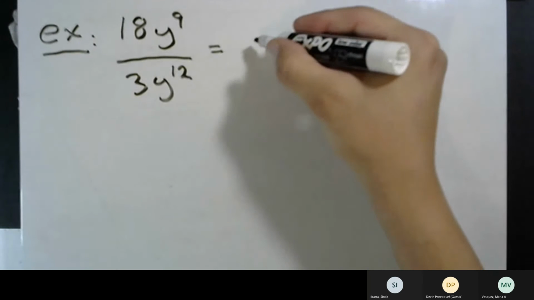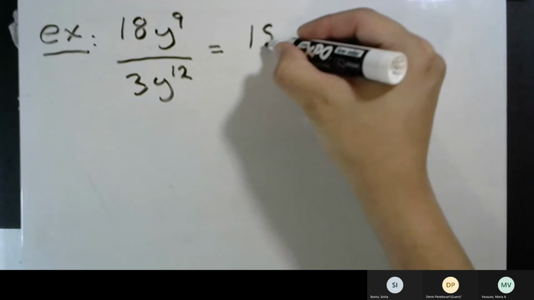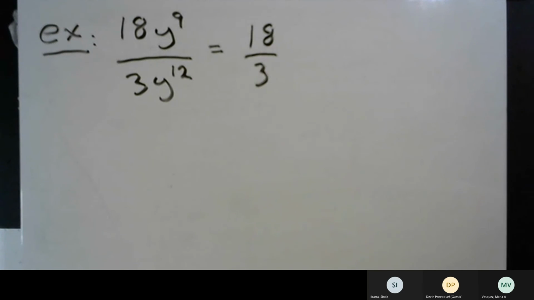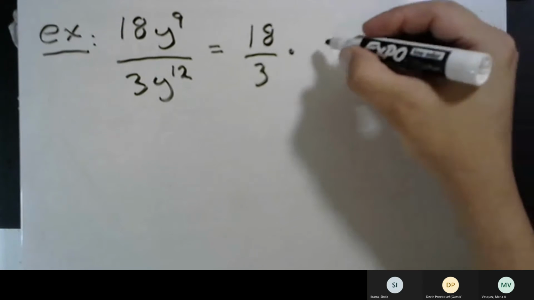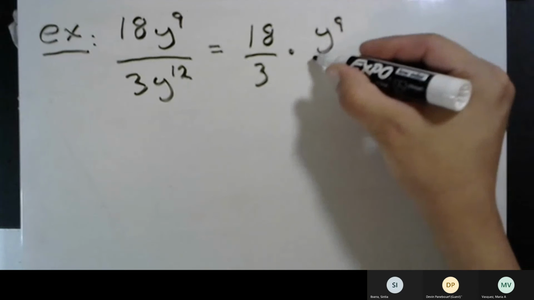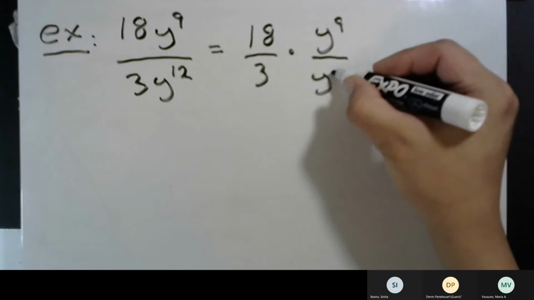So again, let's break it up into fractions. I'm going to skip a step there where we go directly into a coefficients fraction and a variables fraction.